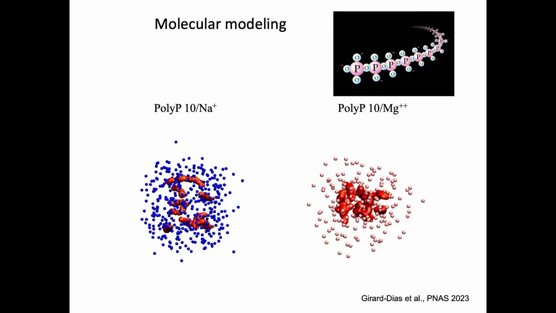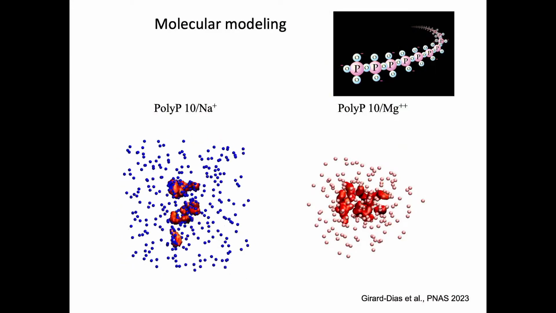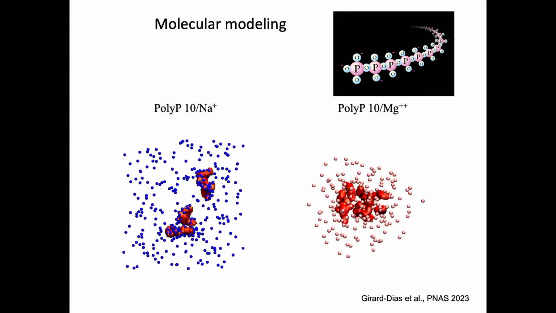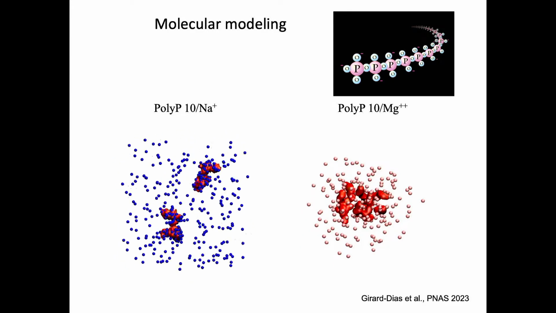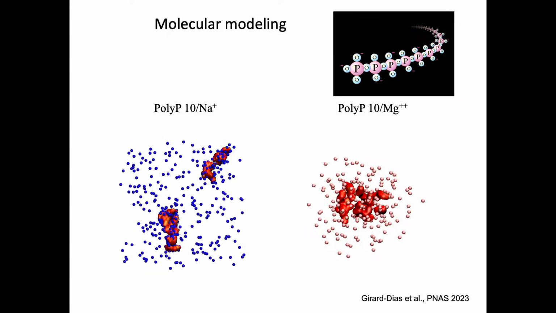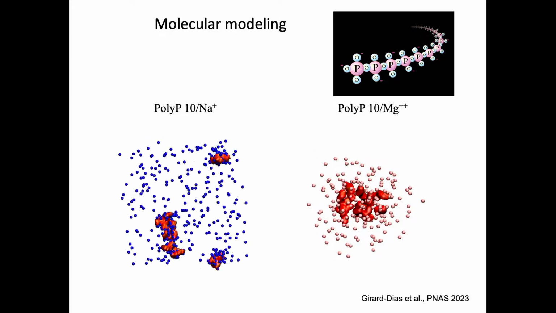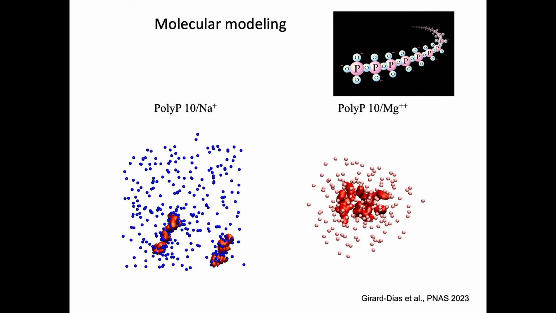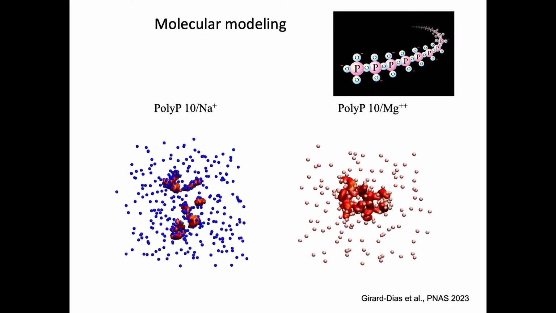So we tried to understand that. We did some molecular modeling, simulating polyphosphate chains inside the acetylcalcosome. So the phosphorus that we're seeing is organized mainly as polyphosphate chains. So polyphosphates bound to monovalent cations, sodium, and to magnesium.